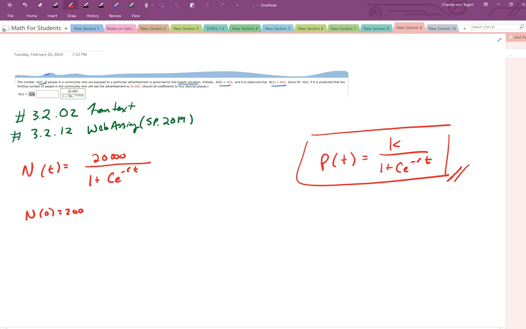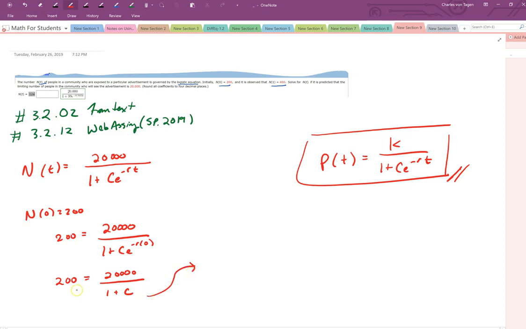N of 0 equals 200 gives us 200 equals 20,000 over 1 plus CE to the minus r times 0, but that's just 200 equals 20,000 over 1 plus c.